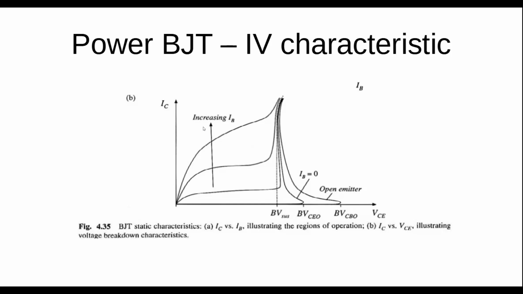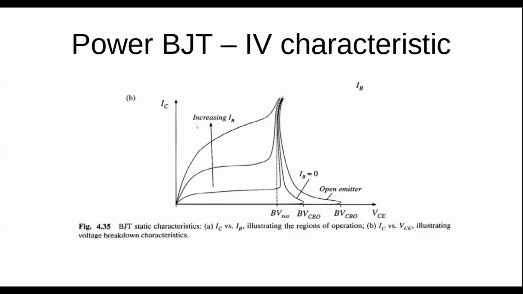Then there's quasi-saturation, which is sort of in between. In that case the VCE saturation is also relatively small, but still larger than what you get for hard saturation. The difference basically comes down to when you're doing the switching.